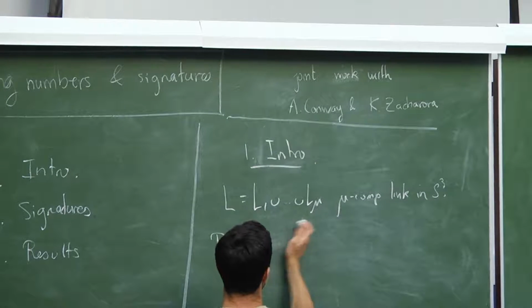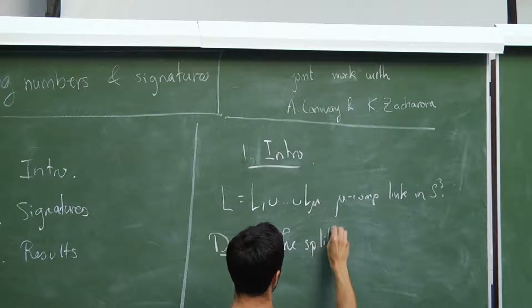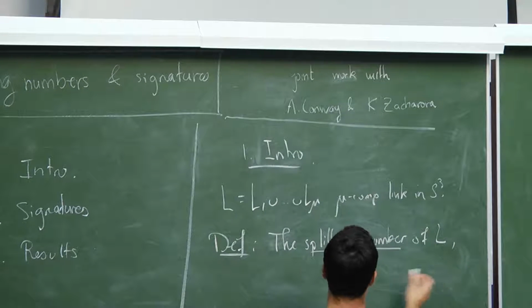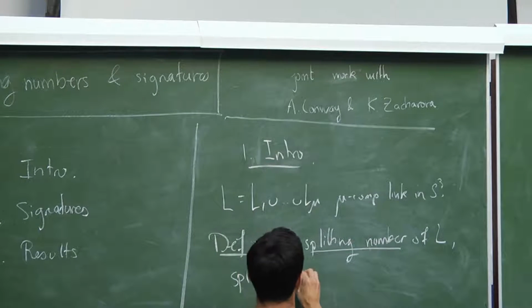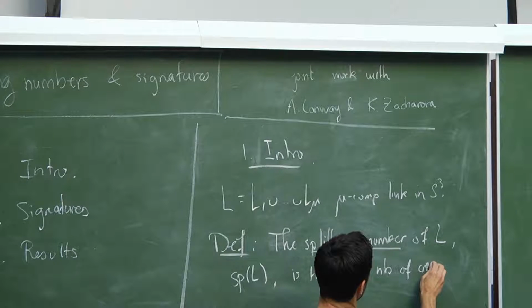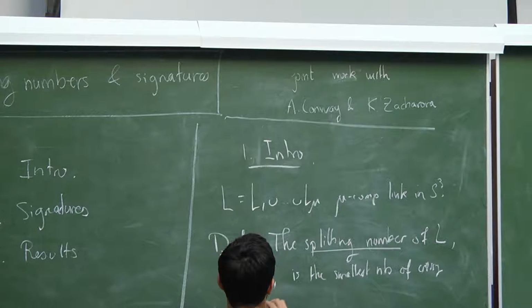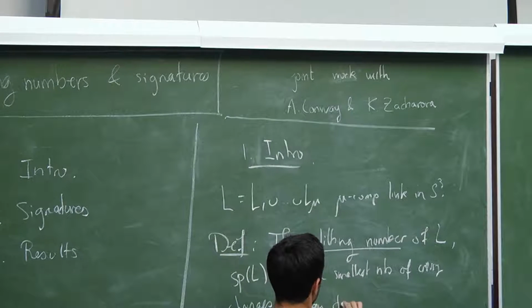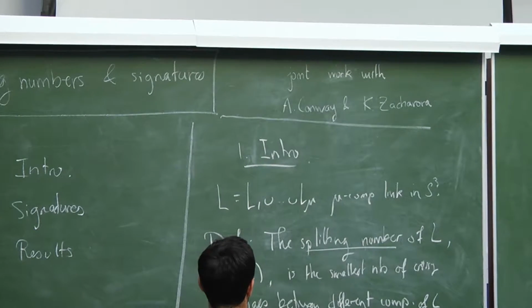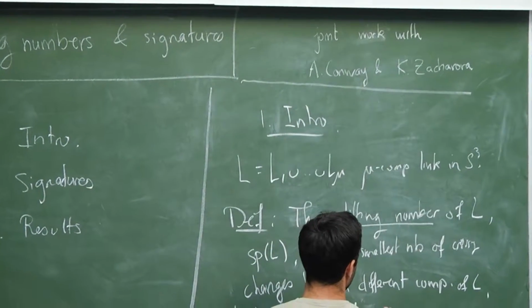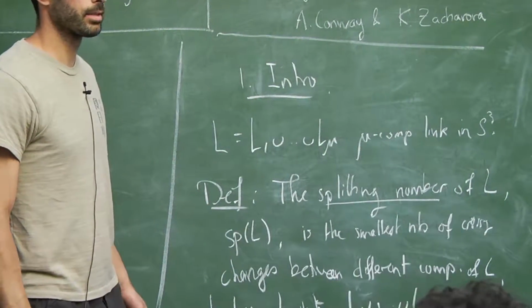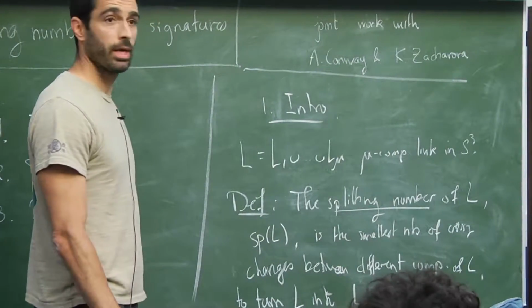The splitting number of L, that we denote by SP of L, is the smallest number of crossing changes between different components of L to turn L into the split union of its components. Okay, this is clear, right?